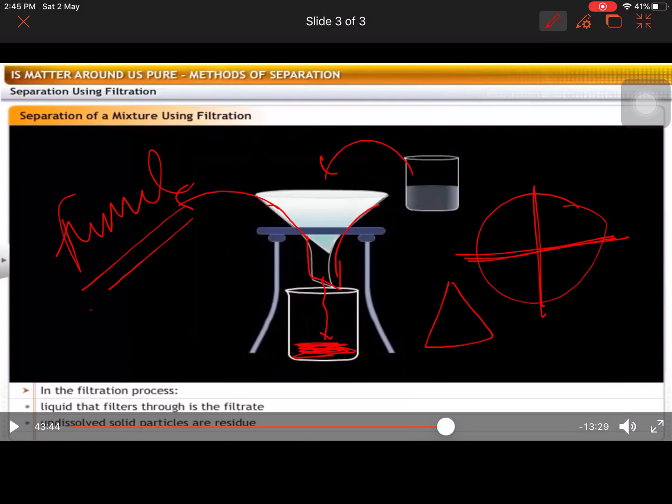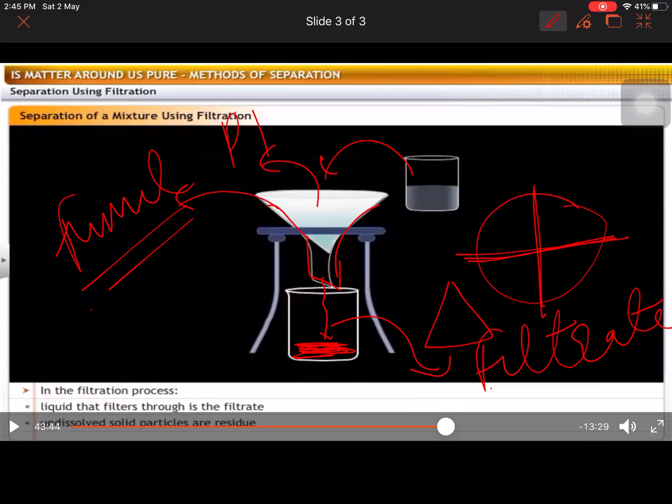The solution you get in this beaker is called the filtrate, and whatever is left behind on the filter paper is called the precipitate, or residue. Either you say residue or you can call it PPT, the short form of precipitate.